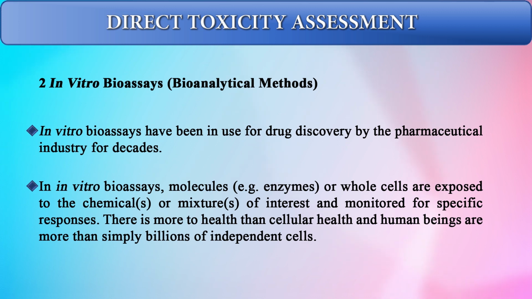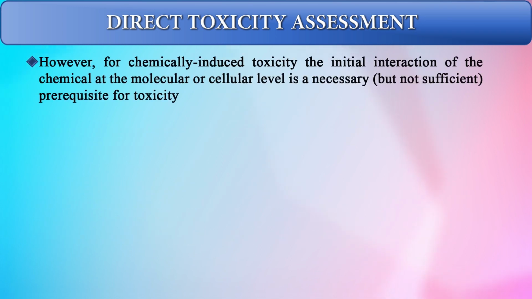There is more to health than cellular health, and human beings are more than simply billions of independent cells. However, for chemically induced toxicity, the initial interaction of the chemical at the molecular or cellular level is a necessary prerequisite for toxicity.